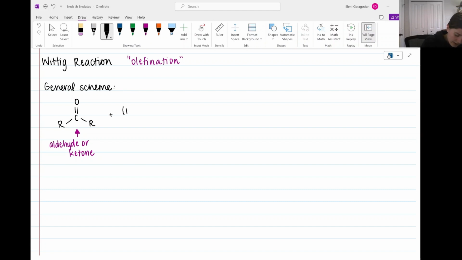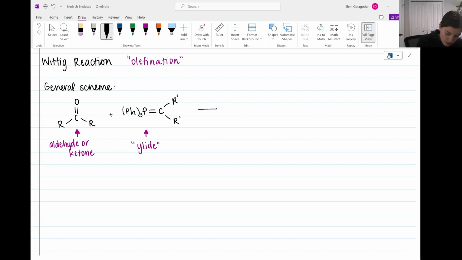So this is a triphenyl, PH3 for phenyl rings, phosphorus double bonded to a carbon, and then that carbon has two R groups. We're going to call these R prime to distinguish them from the ketone or aldehyde starting material. So this is called an ylide, and we'll talk about properties of the ylide in a little bit.